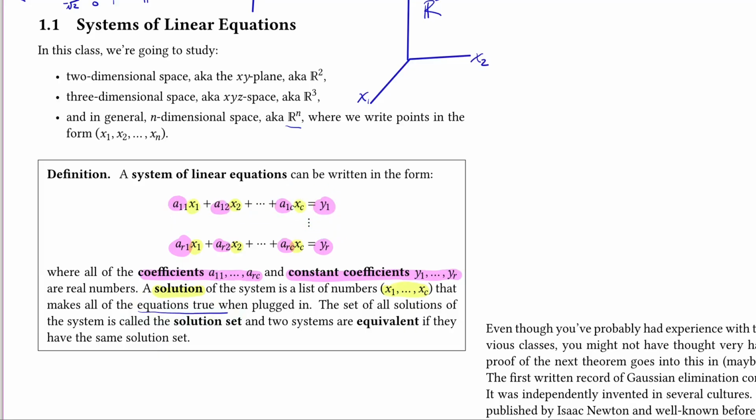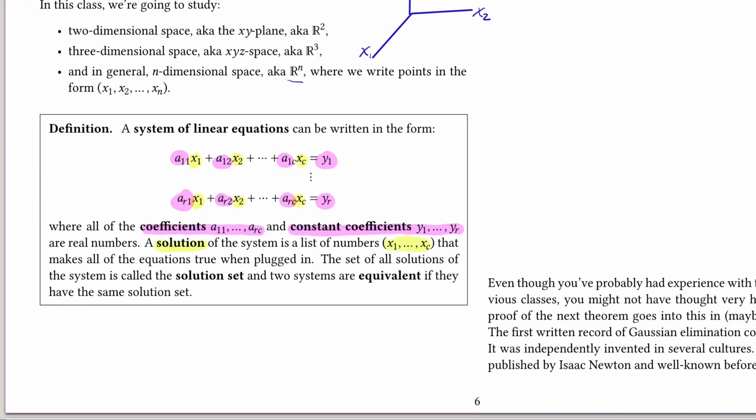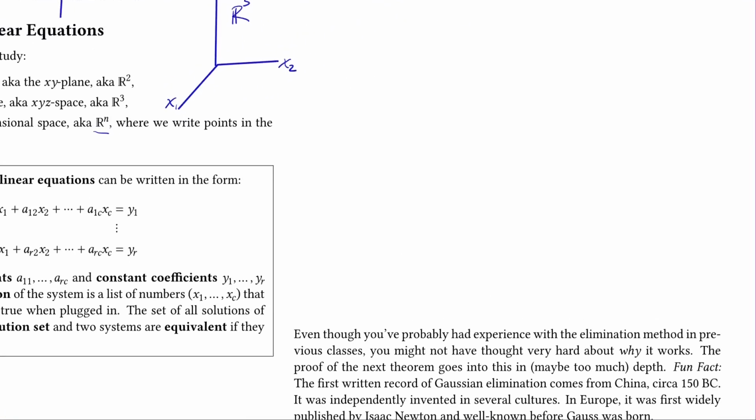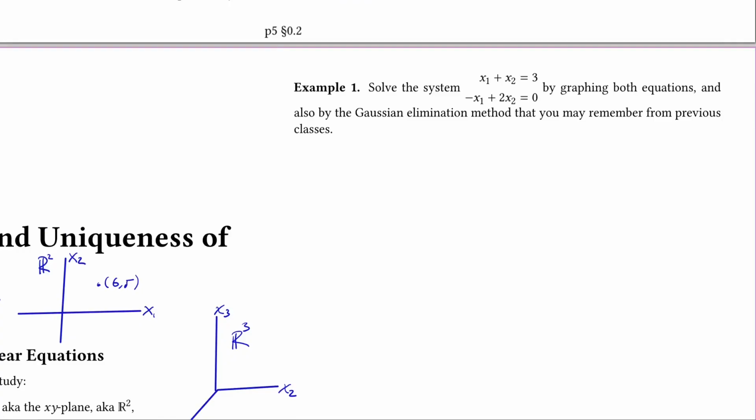So we want to make them true with a solution. The set of all solutions is called the solution set, and 2 systems are equivalent if they have the same solution sets. We'll look at some examples of this in a bit to see exactly what it means to be equivalent. But first, let's look at example 1 here.